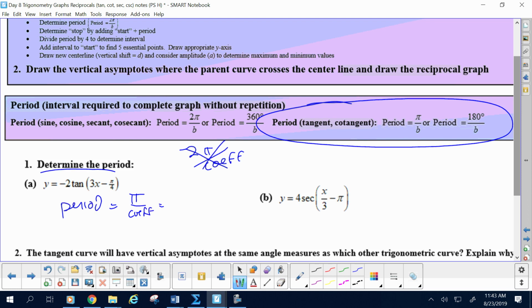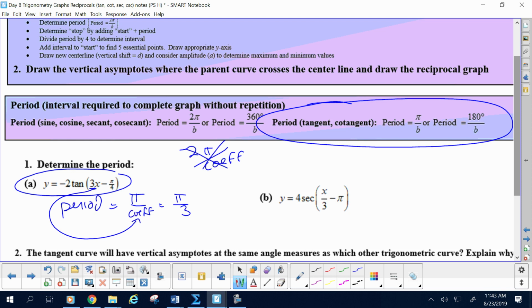For this problem, thankfully, it doesn't say graph it. It just says, what's the period? Well, when I say coefficient, do I mean the coefficient of x or the coefficient of the function? It's the x. And so in this case, a full tangent curve would go through pi over 3.